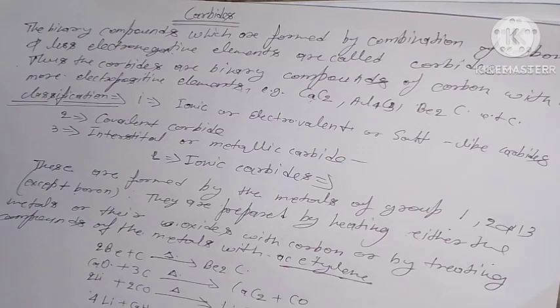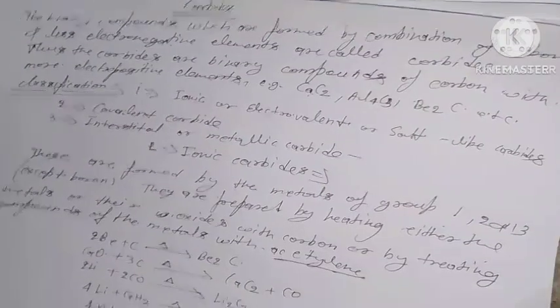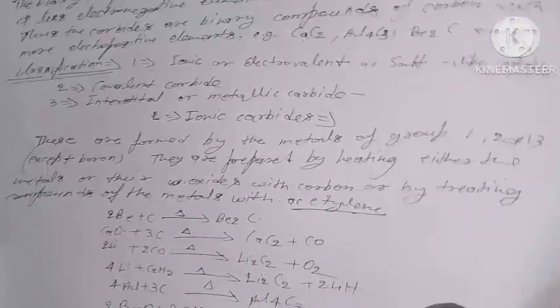Ionic carbides are formed by the metals of group 1st, 2nd, and 13 except boron. They are prepared by heating either the metals or their oxides with carbon, or by treating compounds of the metals with acetylene.